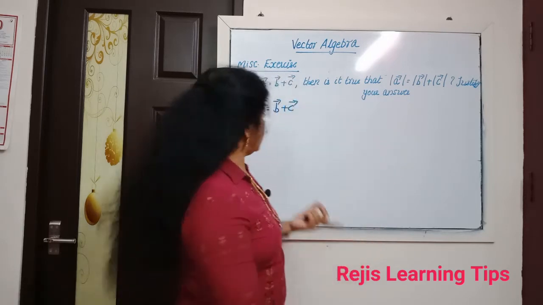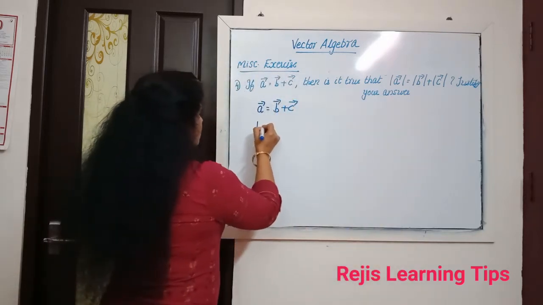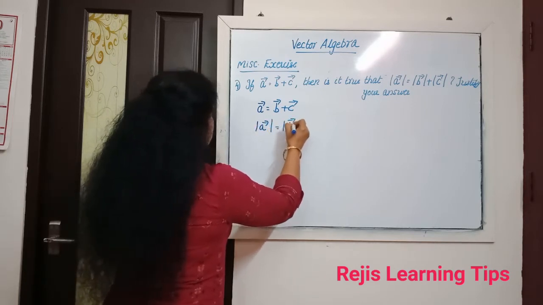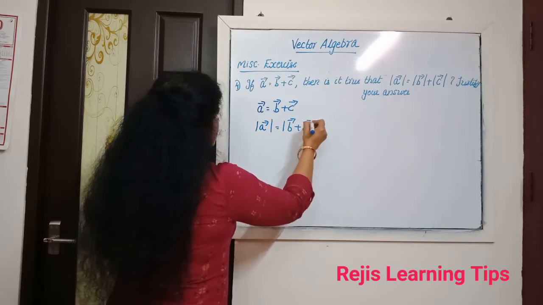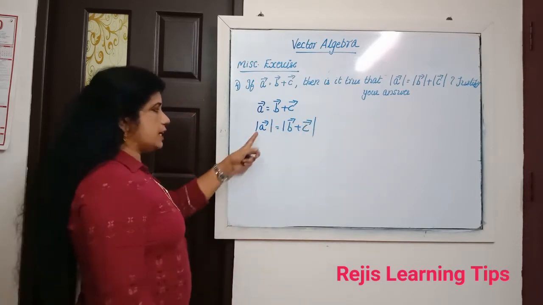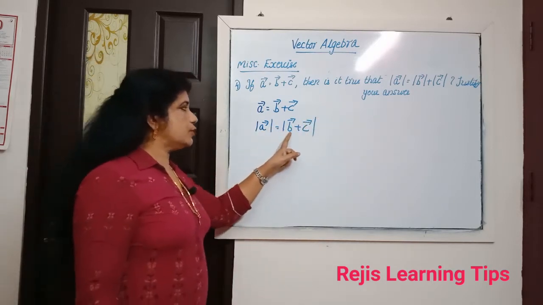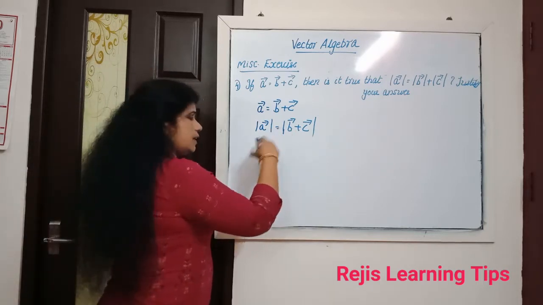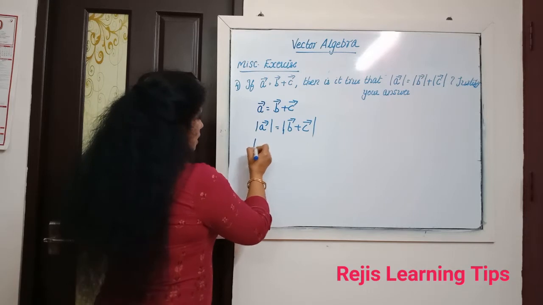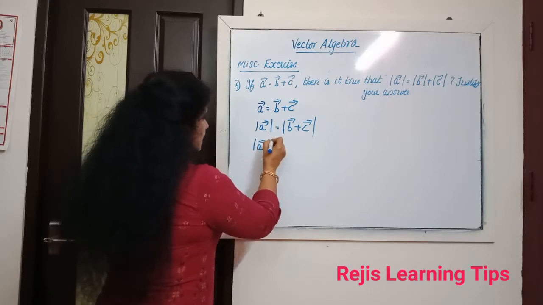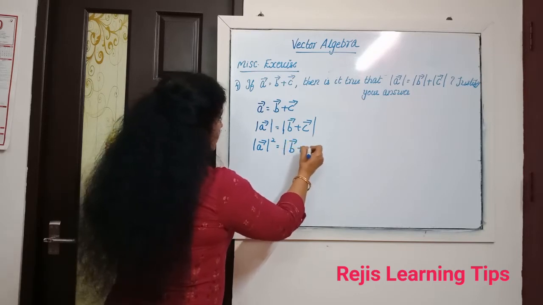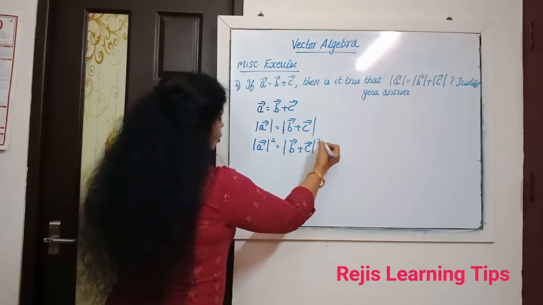Then we can take magnitude of vector A equal to magnitude of vector B plus vector C. Then we can square on both sides. Magnitude of vector A square is equal to magnitude of vector B plus vector C the whole square.